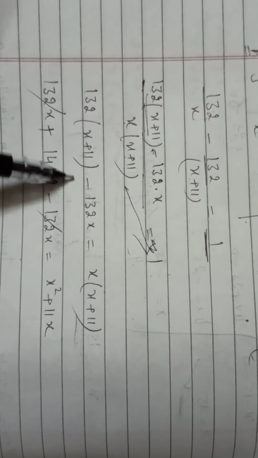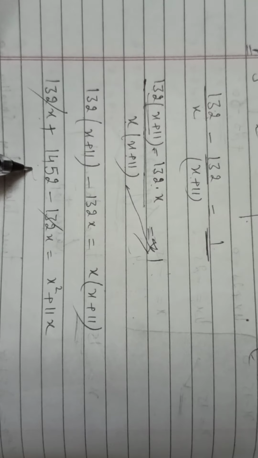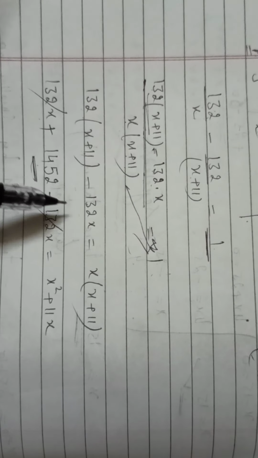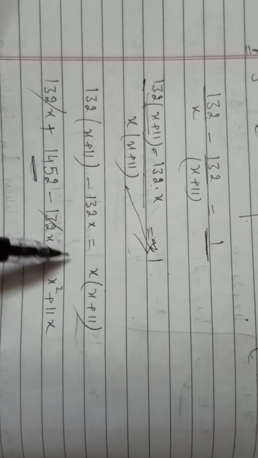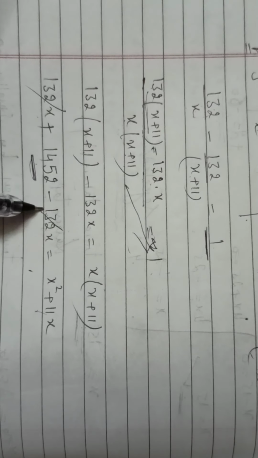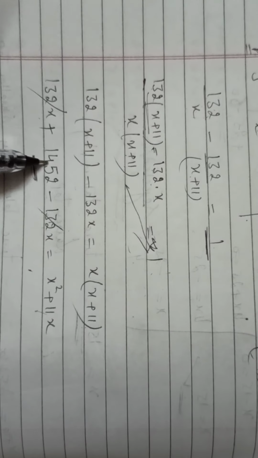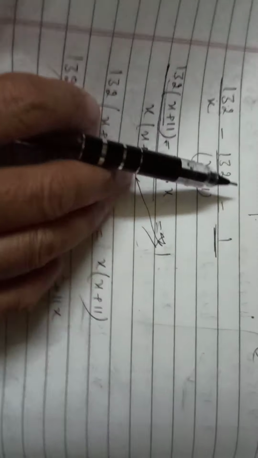Open this. 132x plus 132 multiplied by 11, you get 1452, minus 132x is equal to x square plus 11x. This will cut and this will go to that side. Its sign will become negative.